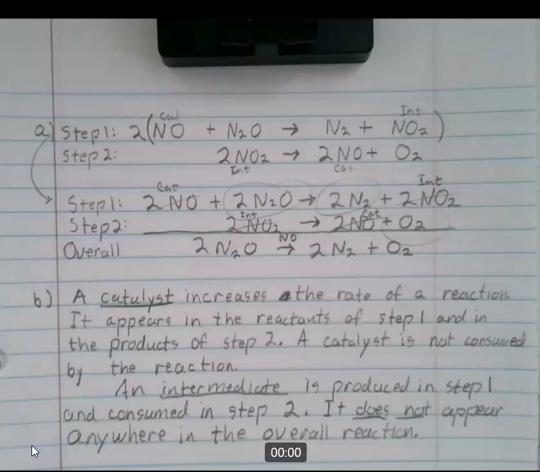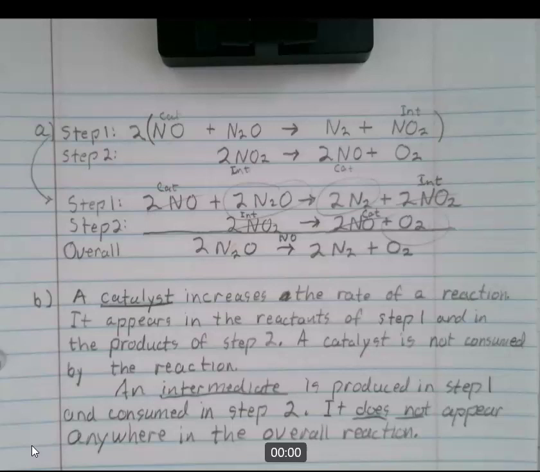Okay, and finally, I'm going to reread C. It says, if the experiments show that during the decomposition of N2O, NO2 does not accumulate in measurable quantities, does this rule out the proposed mechanism?